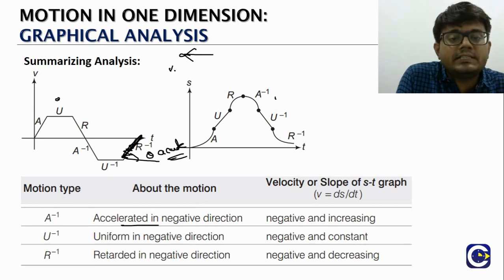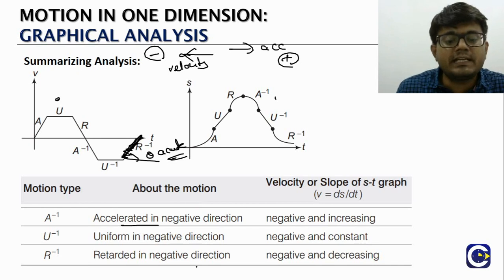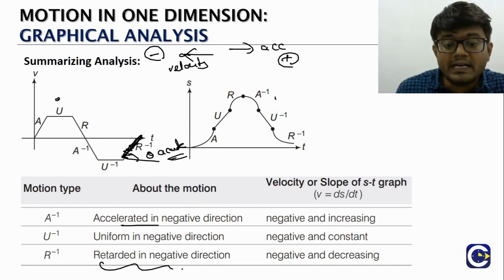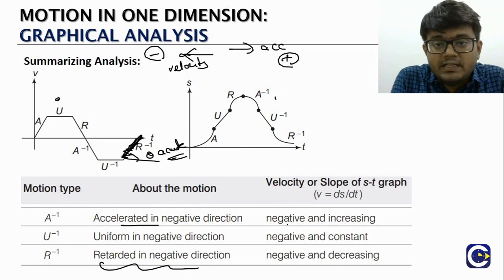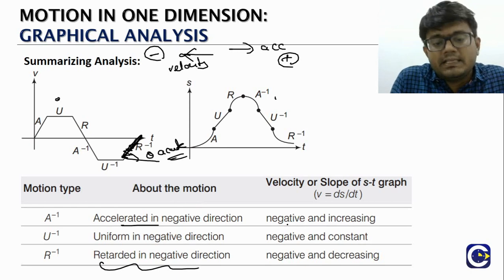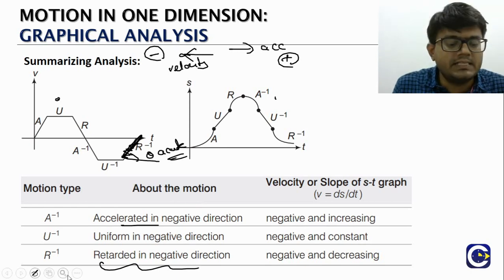The velocity is in the negative direction, and we are giving an acceleration in the positive. So the motion will be retarded in the negative sense. Velocity is initially negative, we are giving an acceleration in the positive, so the velocity will keep on decreasing in magnitude till it becomes 0.